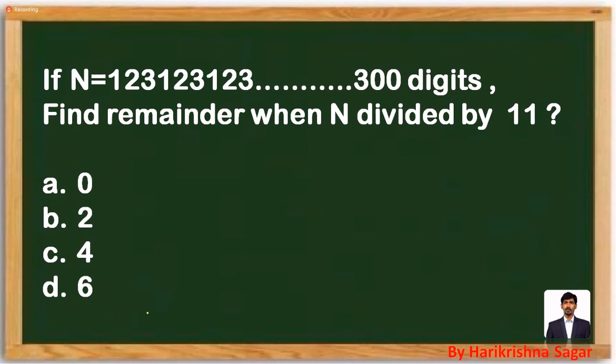Sir, what should we do when we divide with 11? So 11 divisibility is nothing but the difference of alternate digits' summation should be equal to 0 or any multiple of 11.